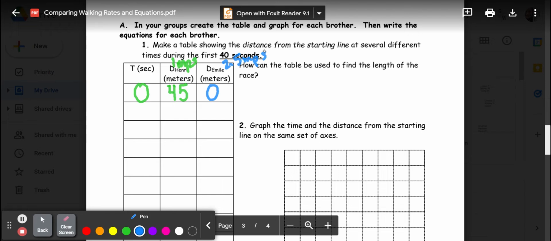So what I'm going to do is a little different. I don't necessarily have to go up by 1 second. I don't necessarily have to go up by 2 seconds. You could do anything you want in this table. So I could say, how far would each person be after, say, 7 seconds?